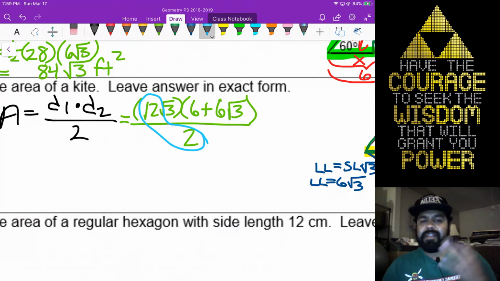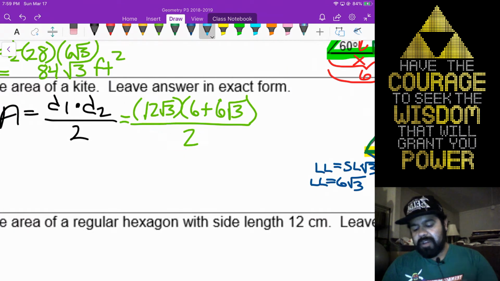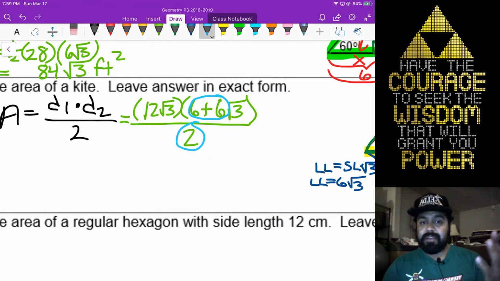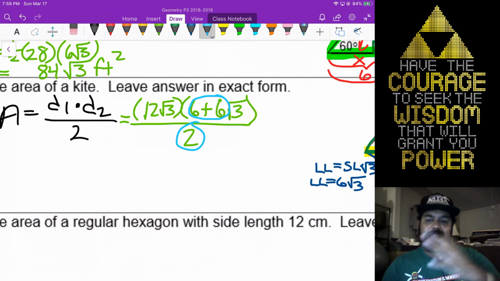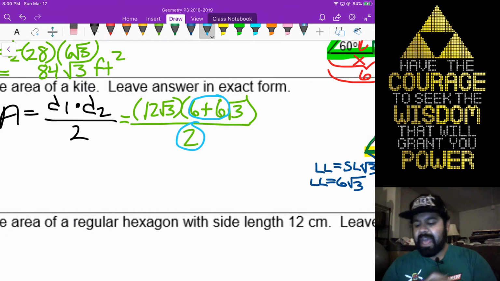Great, reduce that, you'll have 6 rad 3, then you distribute. Or if you see, hey, these two 6's can reduce with this too. Again, same thing, you would reduce them first, then distribute and multiply the parentheses. Really at this point, it's what you're comfortable with. I always like reducing first, and I'm actually going to reduce this 12 with this 2.